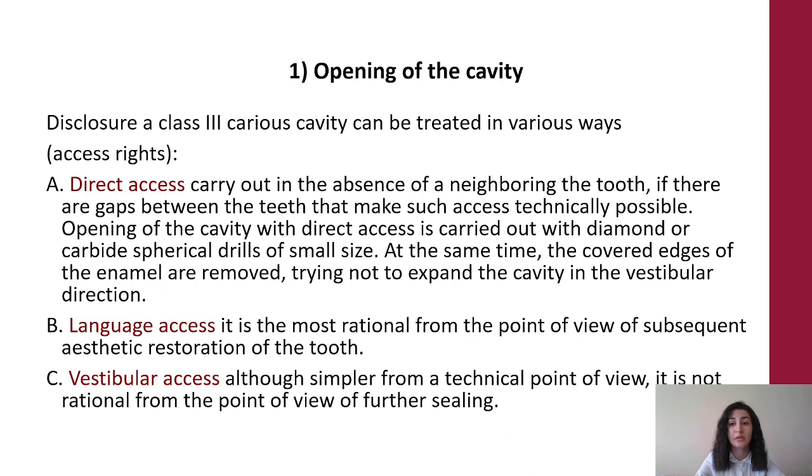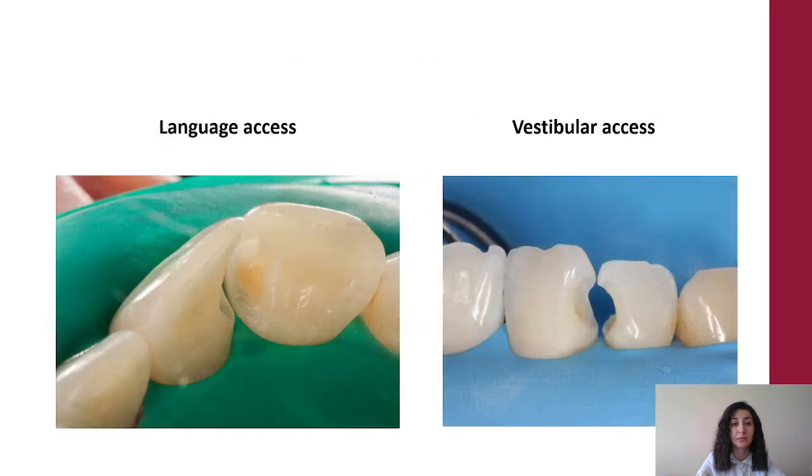At the same time, the overhanging edges of the enamel are removed, trying not to expand the cavity in the vestibular direction. B. Lingual access is the most rational from the point of view of subsequent aesthetic restoration of the tooth. C. Vestibular access, although simple from a technical point of view, is not rational from the point of view of aesthetics. In the picture you can see lingual access and vestibular access.